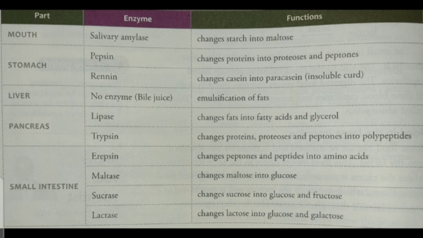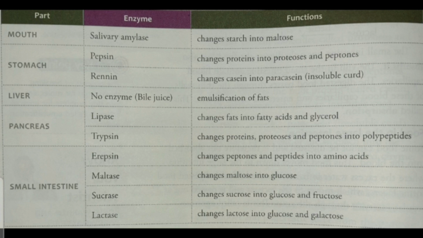In the liver, no enzymes are present, only bile juice, and bile juice has bile salts. Sodium glycocholate and sodium taurocholate are the two bile salts present. The next is the pancreas. In the pancreatic juice there is lipase and there is trypsin, two kinds of enzymes, and these help in various kinds of digestion.